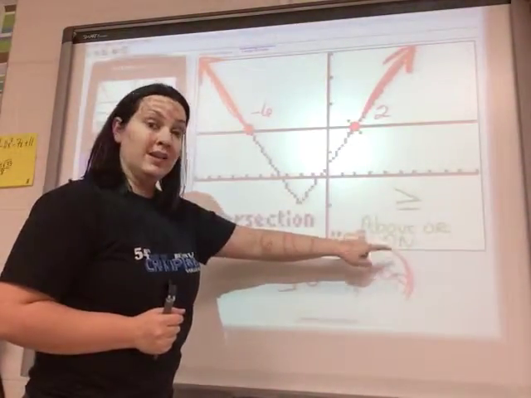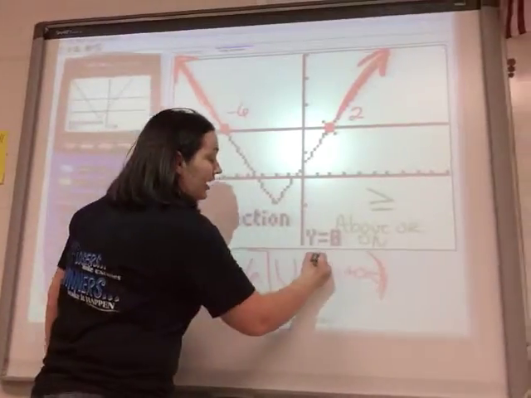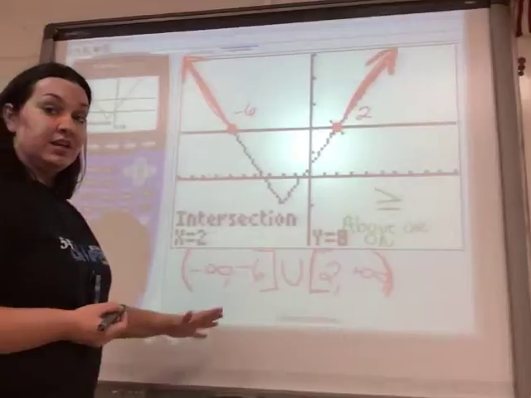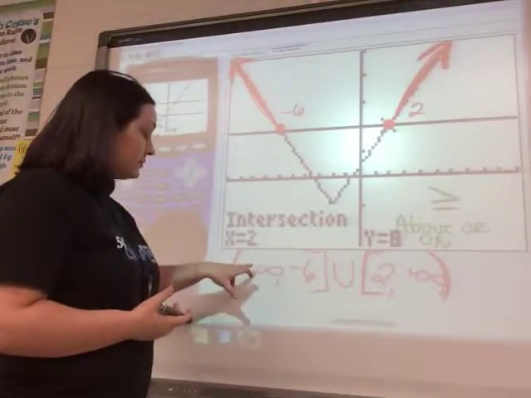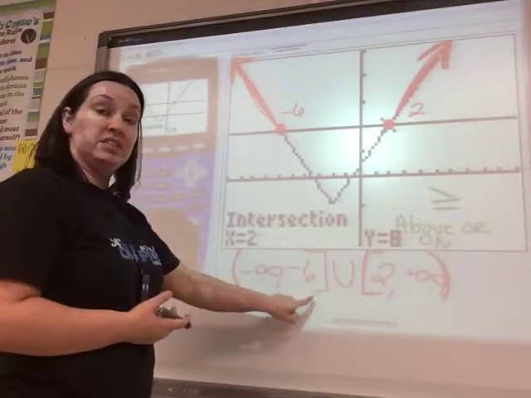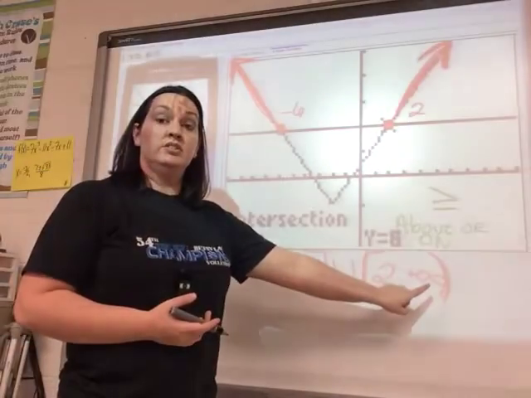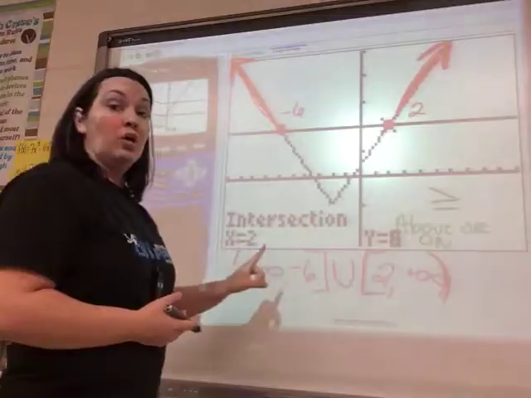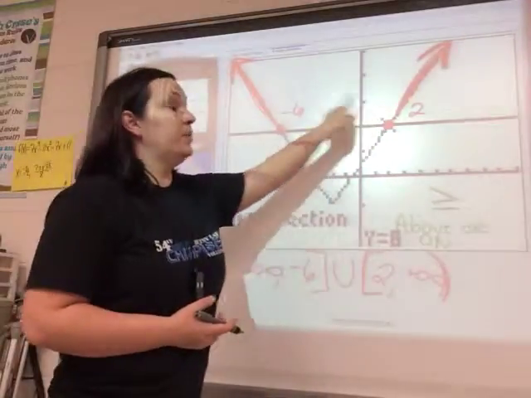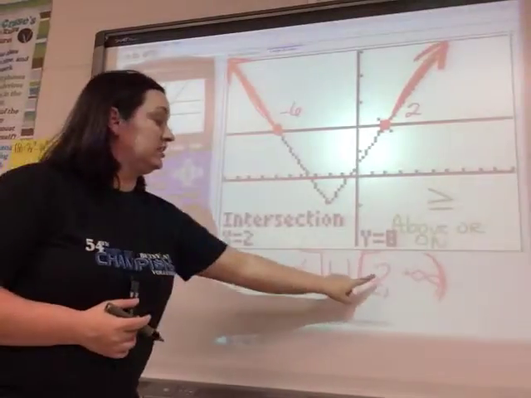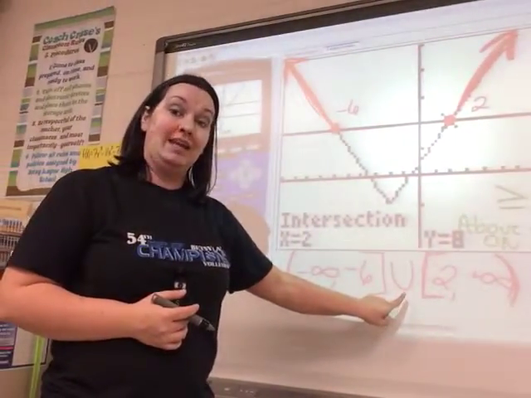We want it on the line because we have an equal to. That has to be included. That has to be a bracket. So in this case, our answer graphically gave us negative infinity to negative 6 included, union with 2 included to positive infinity. Notice here, you had 2 red pieces shaded in up here. 2 separate but together pieces. We have 2 separate but united together answers.